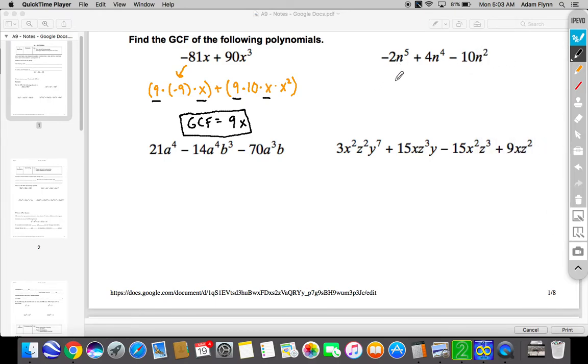So if we move over to this example, take a look and see that negative 2n to the 5th, 4n to the 4th, and 10n squared are all divisible by 2. So I'll rewrite each term.